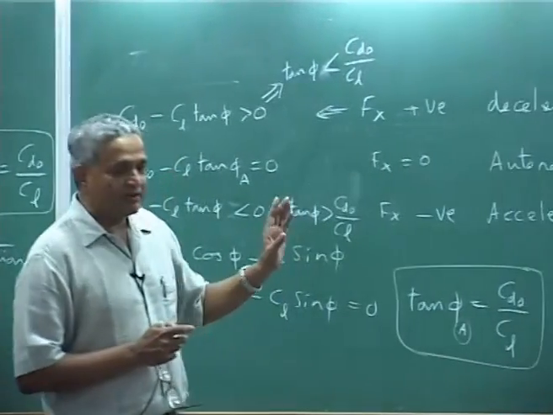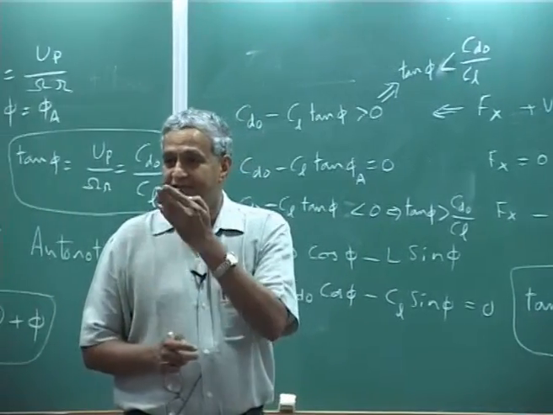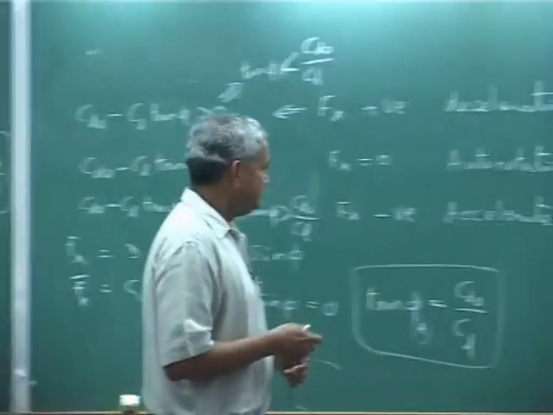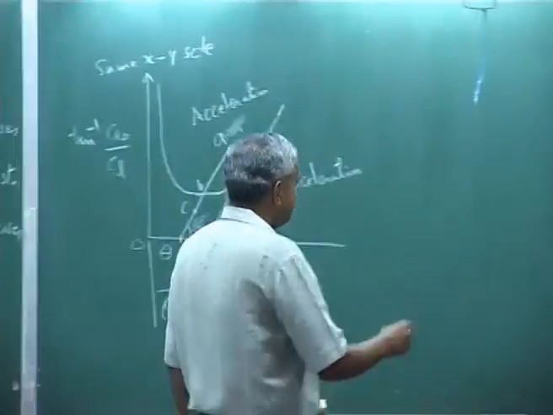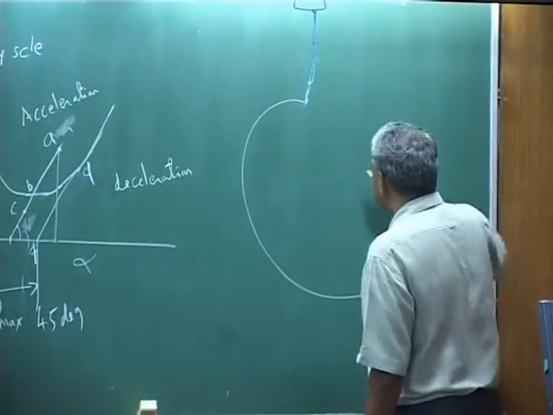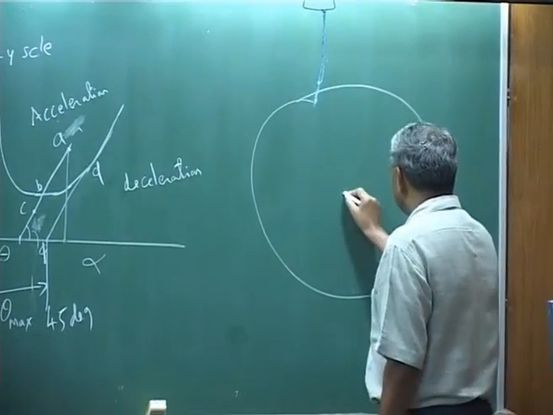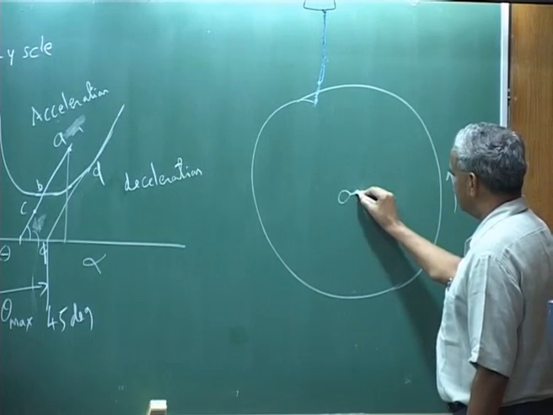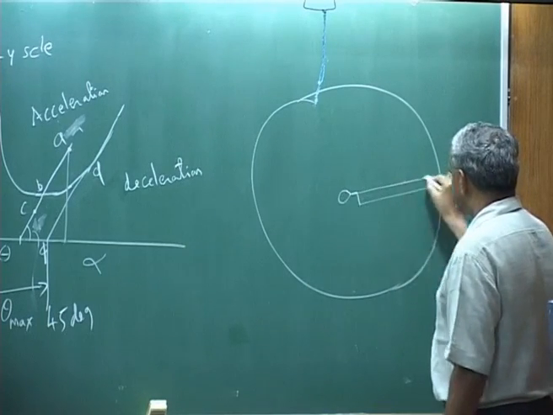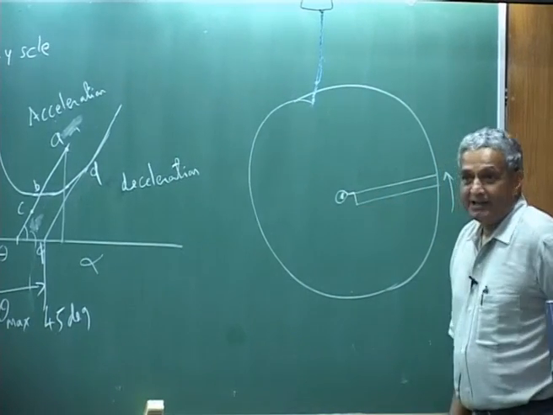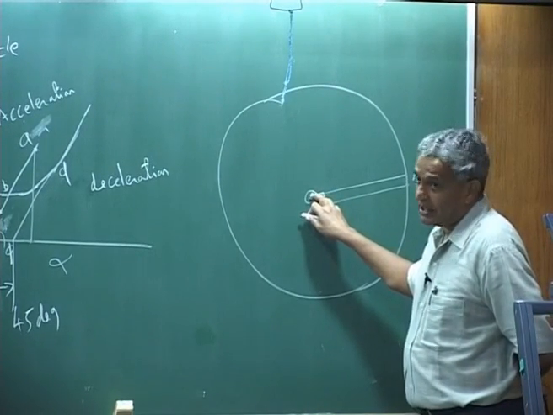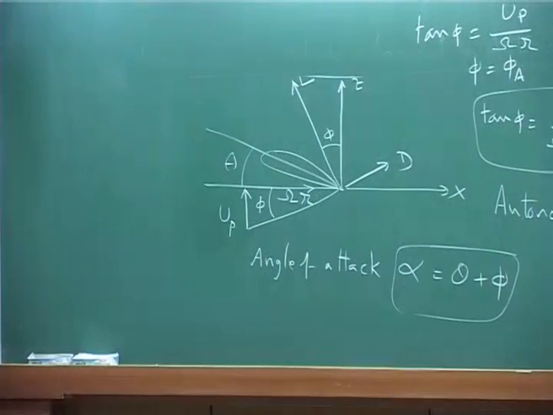Now, if you translate what we did for one section to an actual rotor, the actual rotor will be like this, and this is the direction of rotation. So, you have the blade, it is like this. Now you see phi is large, because omega r is small near the root.